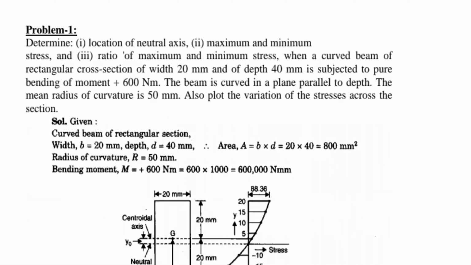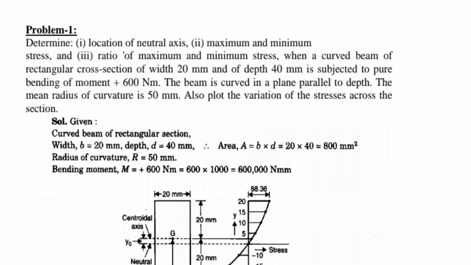After finding the maximum and minimum stresses, you find the ratio of those values. For this problem, they specified some standard values also: the width value, depth value, and maximum bending moment value.